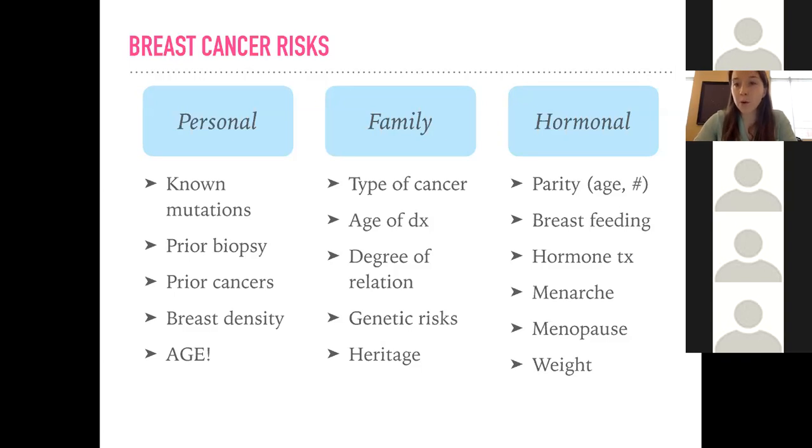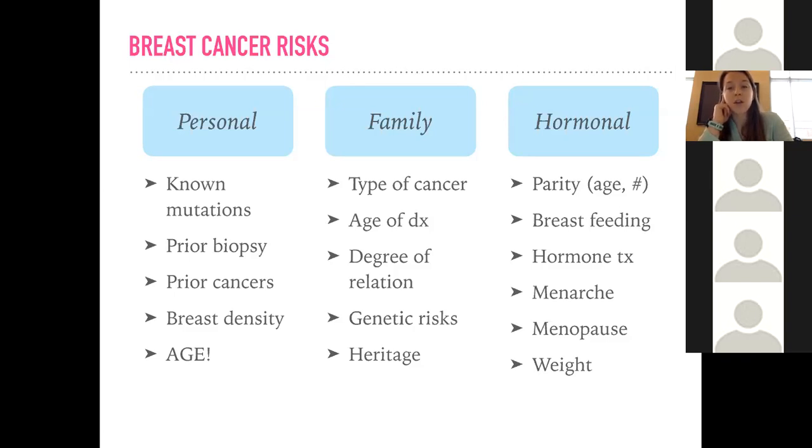And then hormonal issues. So things like their parity, which I think someone mentioned. So how many live births the patient has had, how old they were at their first birth, if they've been breastfeeding. If you have been breastfeeding, that can slightly reduce your risk. If you have hormone therapy exposure, that can include hormonal birth control, and different types of birth control and different ages that you're taking it and lengths of time you're on it can affect your risk.